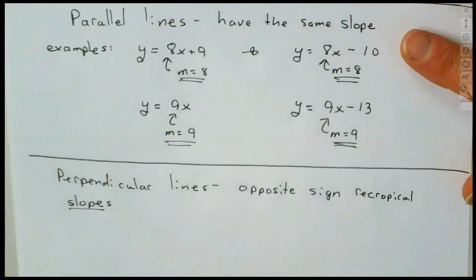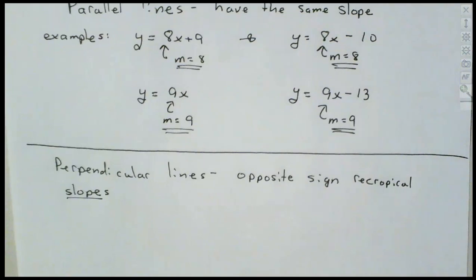Okay, so we're looking for the opposite sign reciprocal slopes. Textbook uses negative, but sometimes students get confused when I say that negative. So I usually say opposite, or even more elaborate, opposite sign reciprocal slopes.